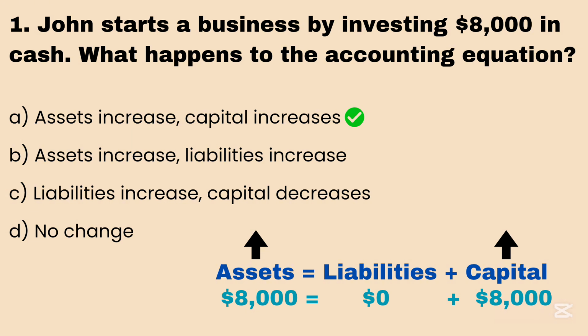Capital increases by $8,000 because John has invested money into the business. This means the business has $8,000 in assets, which is the cash, no liabilities, and $8,000 in capital, which is John's investment. So the answer will be A, assets increase and capital increase.